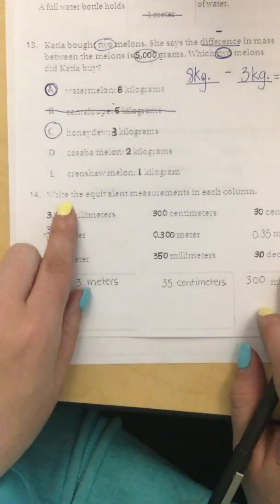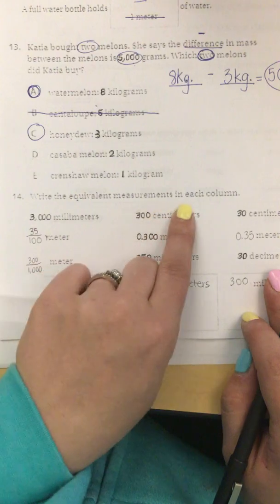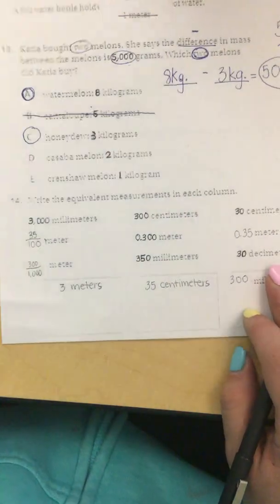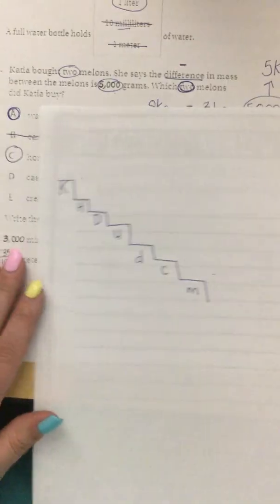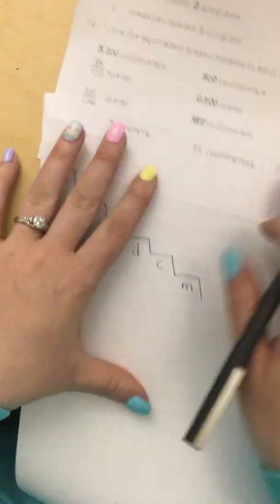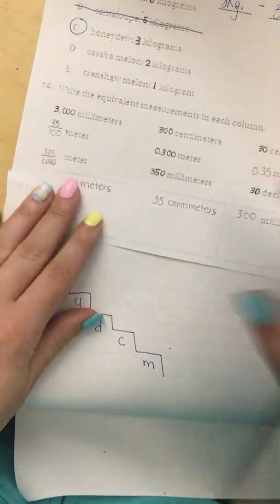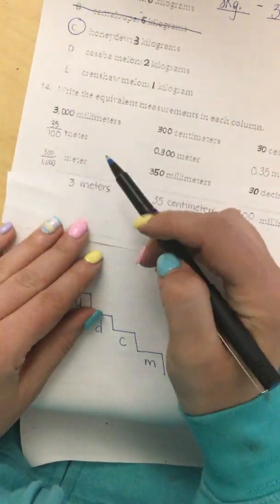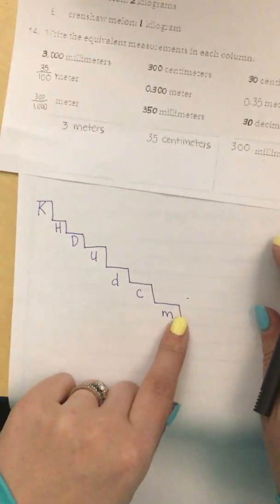All right, on the next one it says write the equivalent measurements in each column. And you're going to use this one quite a bit on this. So my first option is 3,000 millimeters. Sorry, I'm running out of room here. So I'm going to start at 3,000 here.